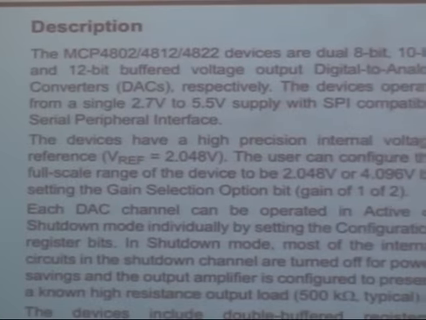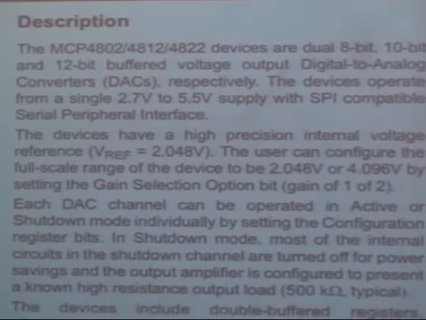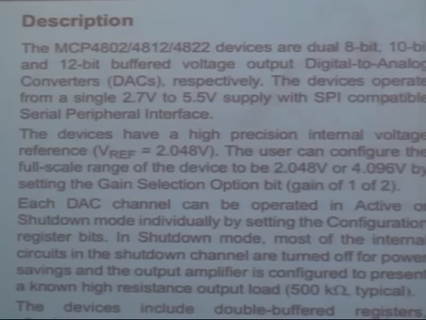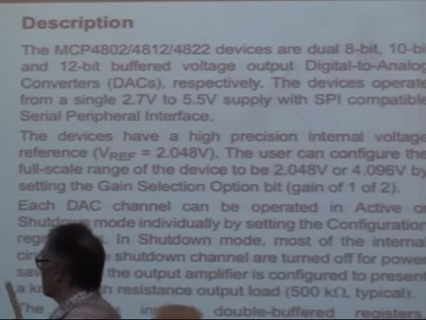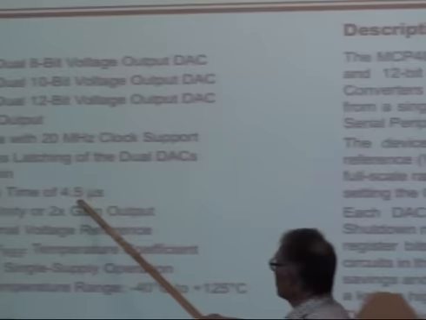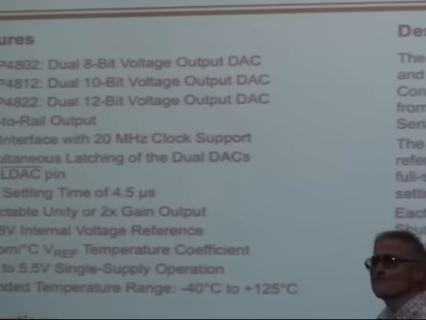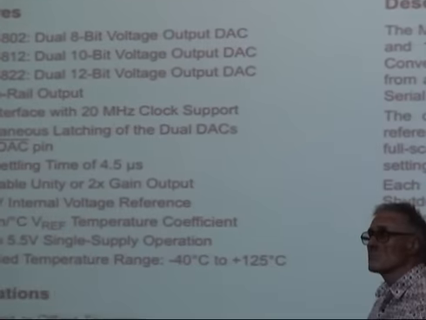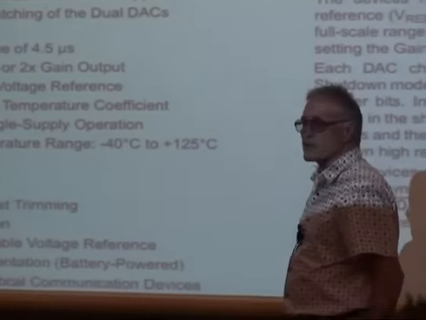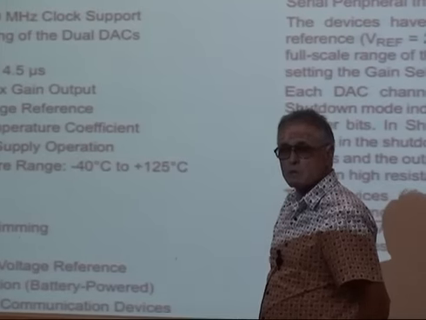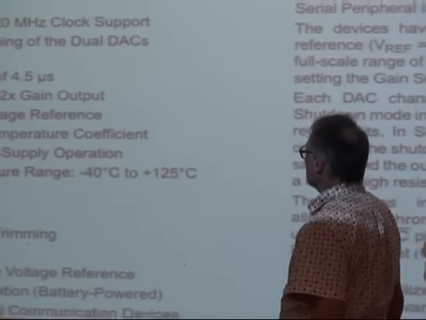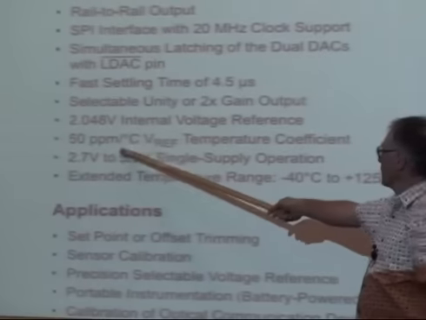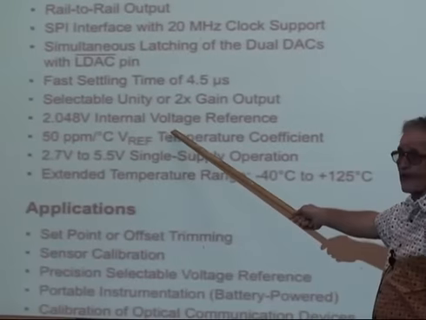And someplace in here, but not here, it says that it is legal to do, to just latch LDAC low. Fast settling time of 4.5 microseconds. That says you probably shouldn't run this faster than 200 kilohertz or so. 50 parts per million per degree C VREF internal.